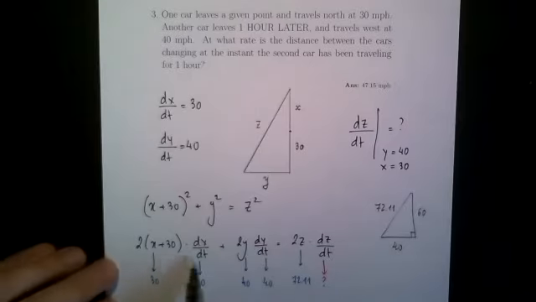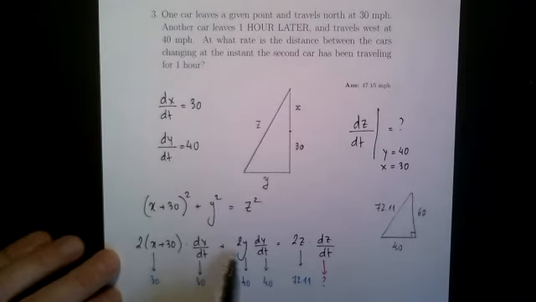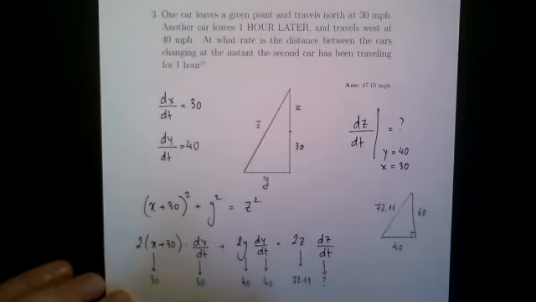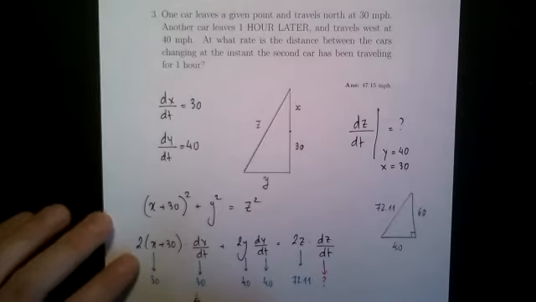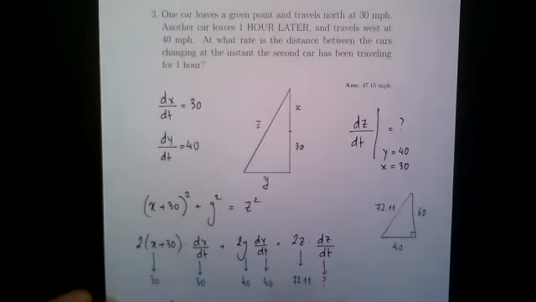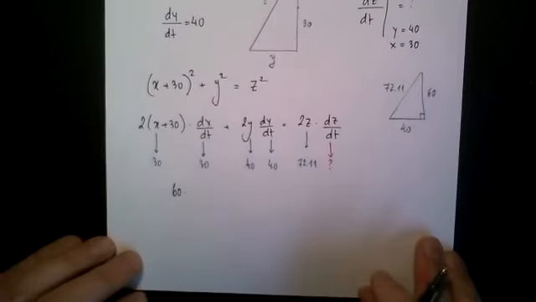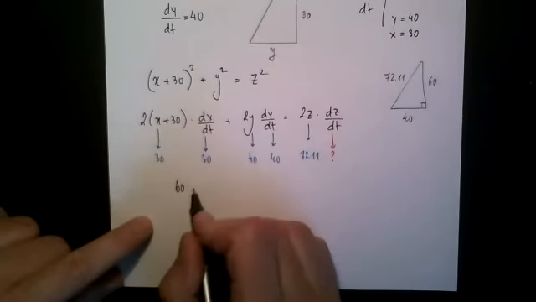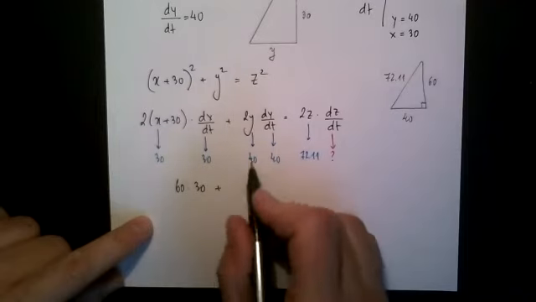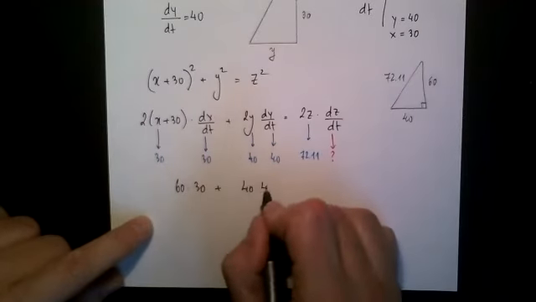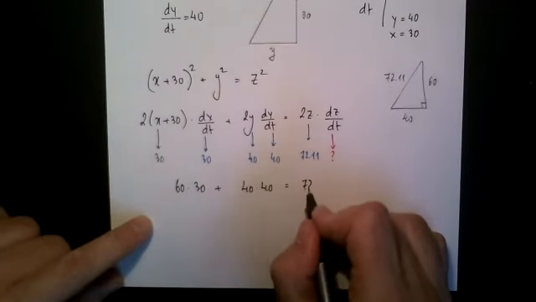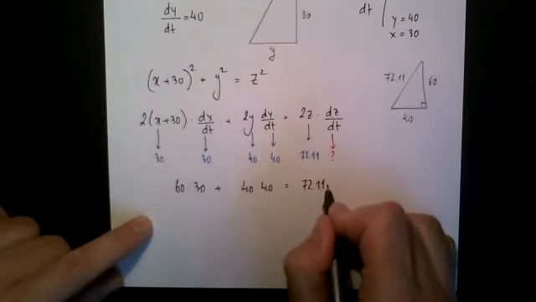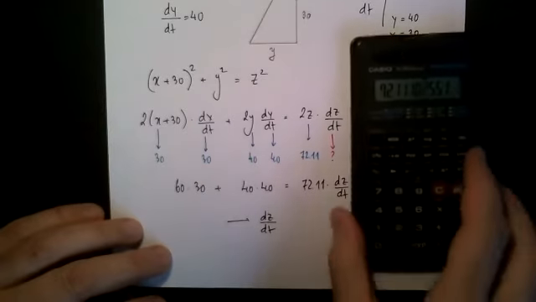Okay, I could get rid of the 2's. And so I have 30 times 30, 60 times 30. So I'm going to move up a bit. So 60 times 30 plus 40 times 40 is equal to 72.1 times dz dt. And so I could find what dz dt is. Let's do the calculation.